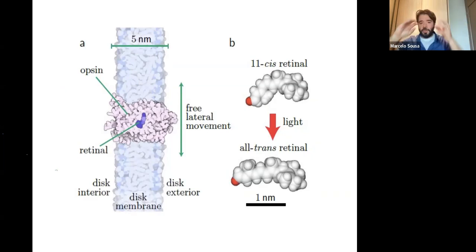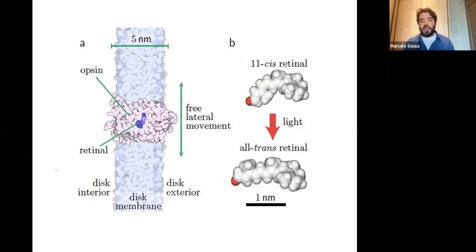And that change of conformation is what makes the change in energy levels that can create the depolarization of the rod neuron.